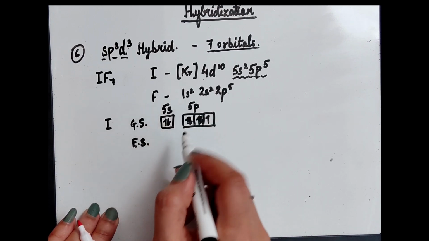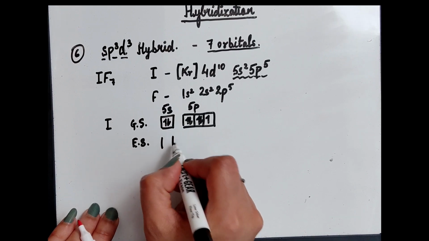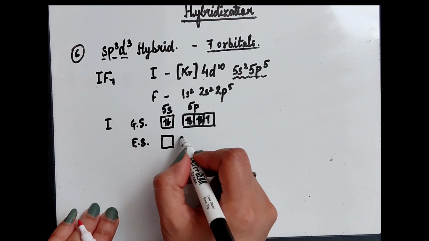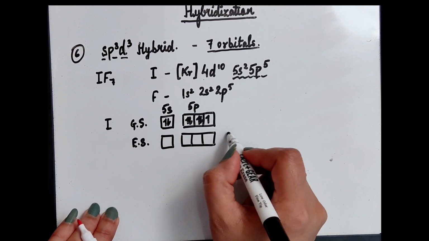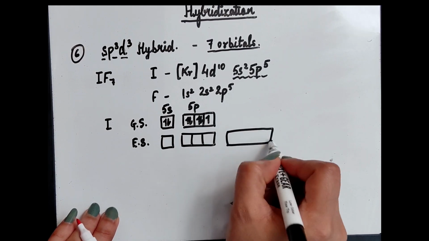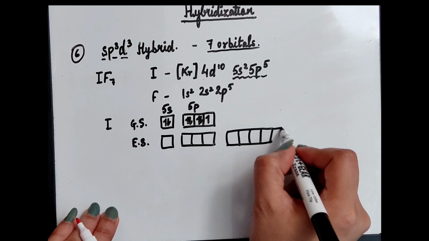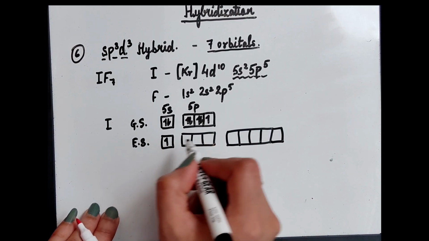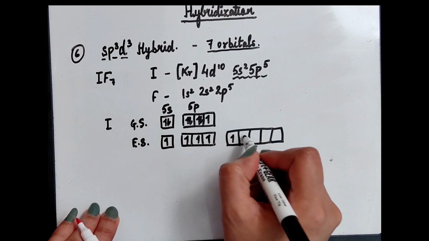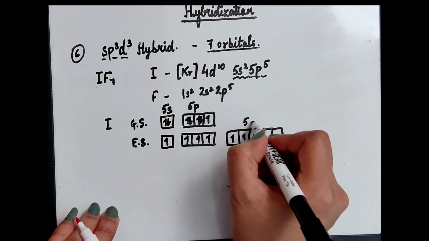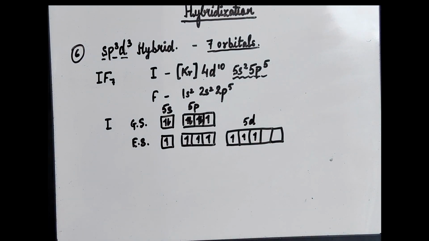Since this is the fifth shell, d orbitals are vacant and available for excitation. So this will be 1 1 1 1, and these three will be excited to 5d. So this is the excited state.